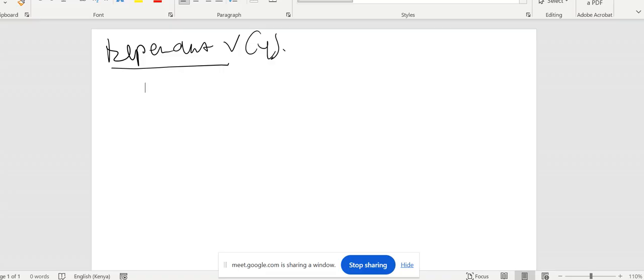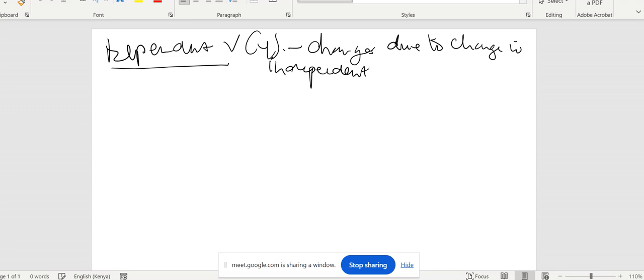It changes due to change in the independent variable.